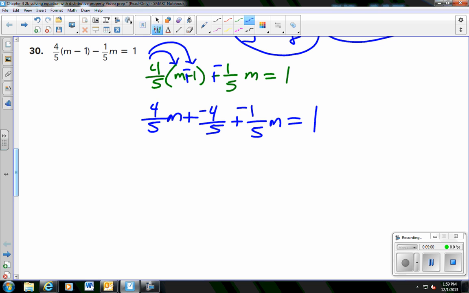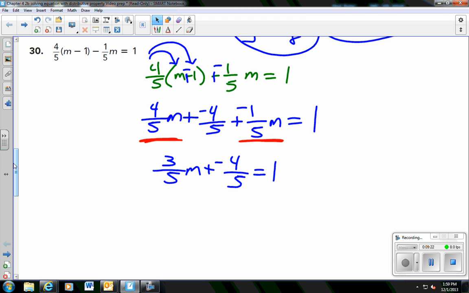So now we want to combine all of our like terms. So we have the 4/5 m and the negative 1/5 m. We're adding that, and that would give us 3/5 m. And then we cannot add the negative 4/5 because it does not have an m attached to it, so it's not a like term at all. Now again, we've got to get the m by itself.